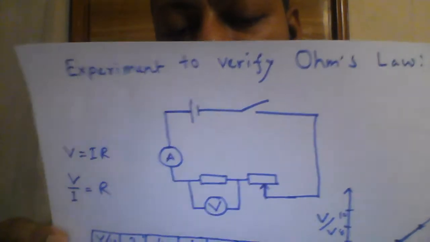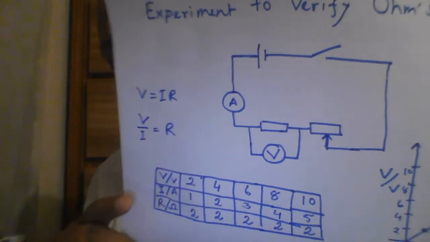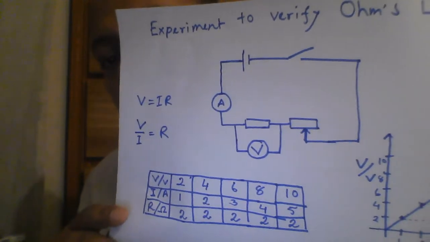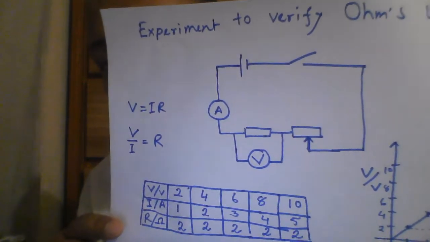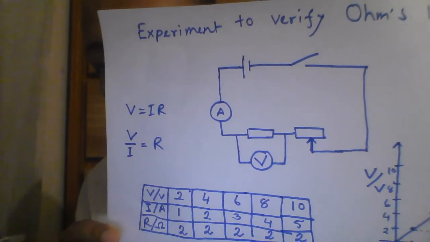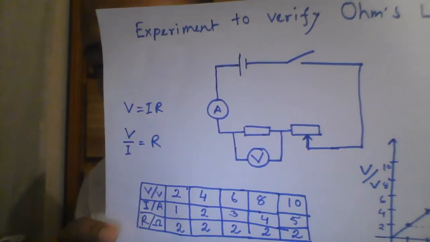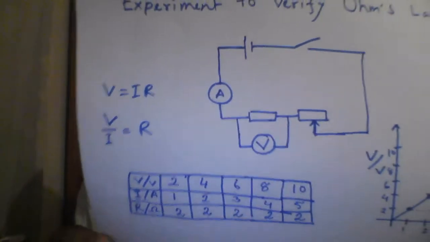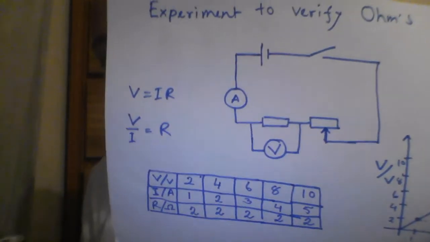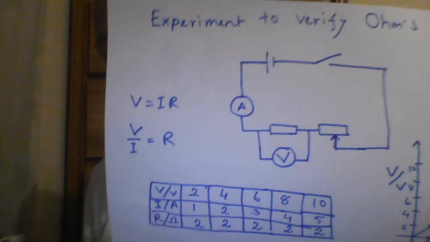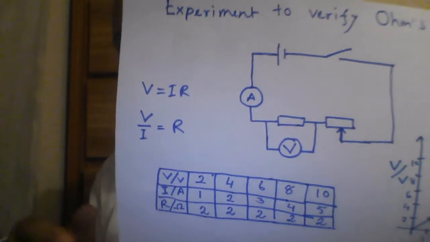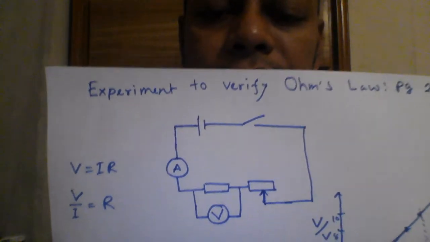That means the circuit is a series circuit, so for each of the resistors, everywhere the current is the same, because current is not divided anywhere, there are no branches, current is going through a single path.